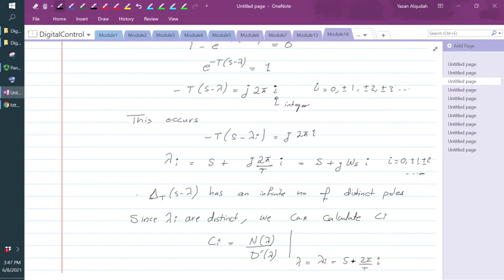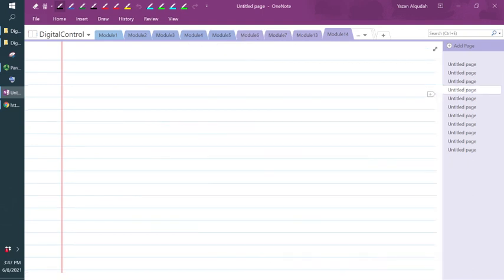So continuing, using that, we can say that Ci is equal to n of lambda divided by d prime of lambda, the derivative of d, when lambda is equal to lambda I, which is equal to s plus j multiplied by 2 pi over t multiplied by I. There's a j missing here.